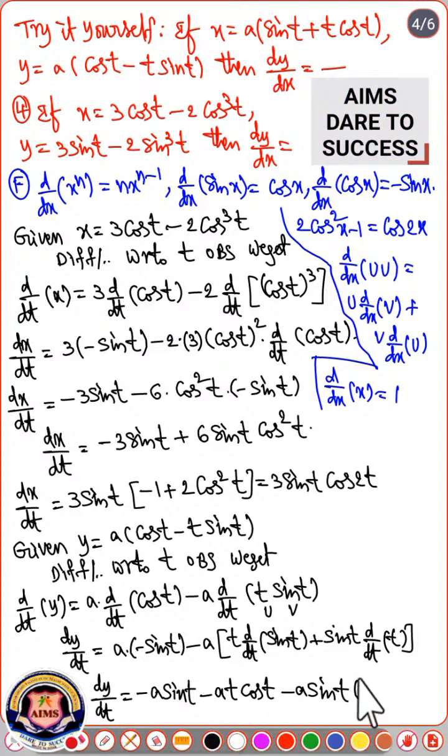Here you can write it 1, but they are similar number.